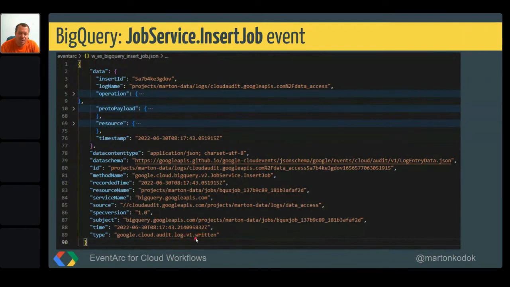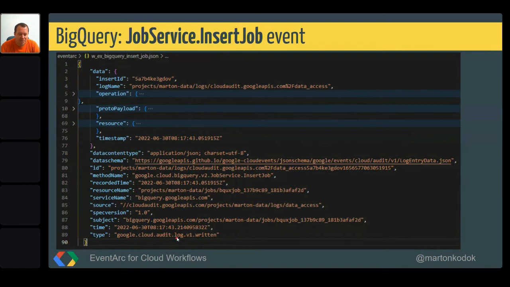So the audit log might be, for example, just accessing the data or accessing a table, let's say in BigQuery, and it could result in an audit log. So you could have an event that emits when a certain table was accessed by someone new. You could maintain a list of people that accessed that table, let's say, and store the list in Firestore. And whenever there is a new entry, it can alert you that someone new has accessed the table in BigQuery.